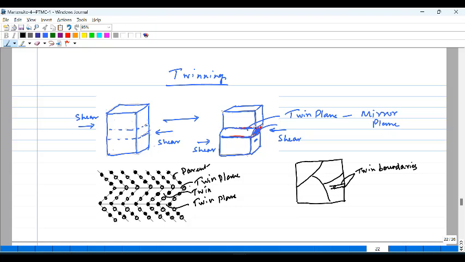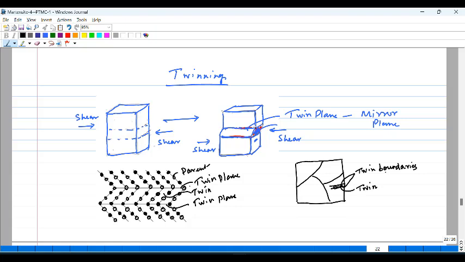And inside these two boundaries you have the twin. And we will see the relevance of this in the context of Martensite transformation. That is why I just wanted to show this.